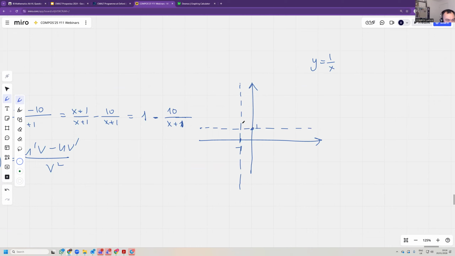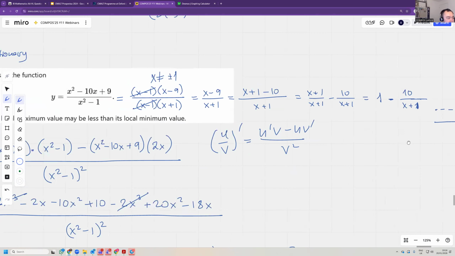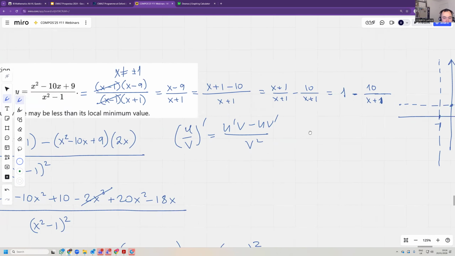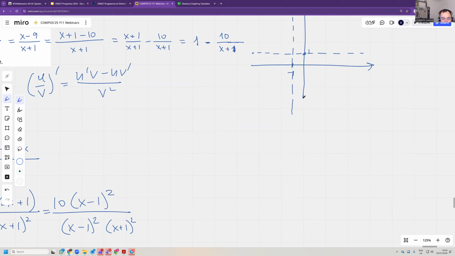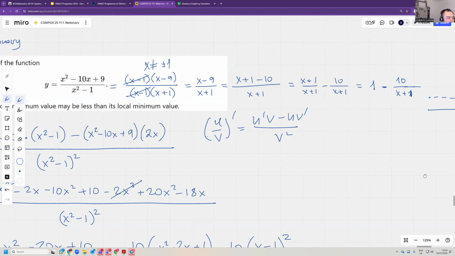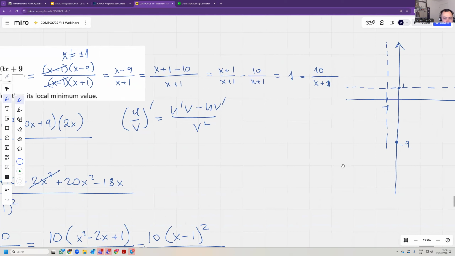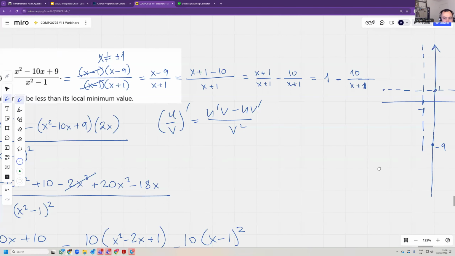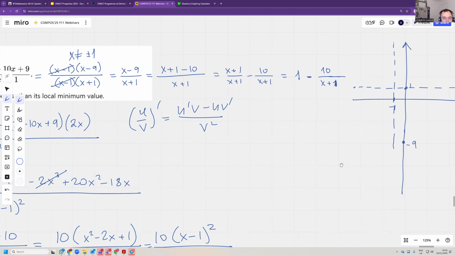And then it's flipped. So it goes like this. If you substitute 0, it's minus 9, so it's here, minus 9. And if you want y equals 0, it's 1 or 9.